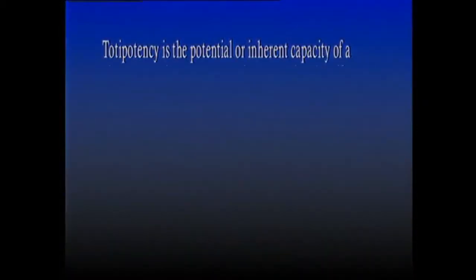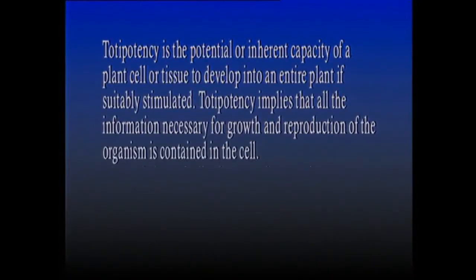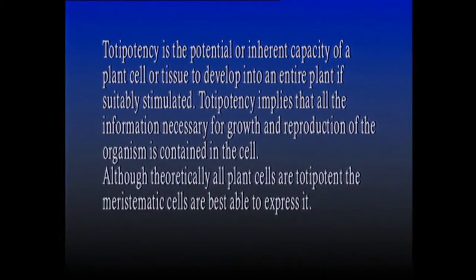The idea of plant tissue culture goes back to the turn of the century, when a German scientist put forward the theory of cell totipotency. Totipotency is the potential or inherent capacity of a plant cell or tissue to develop into an entire plant if suitably stimulated.